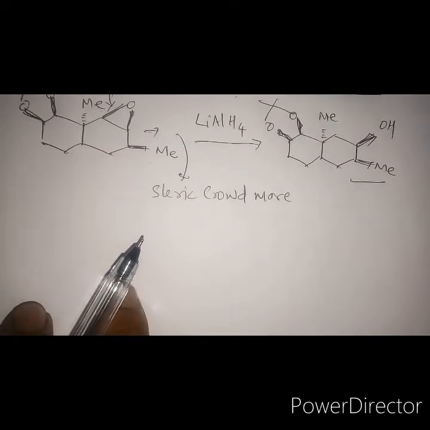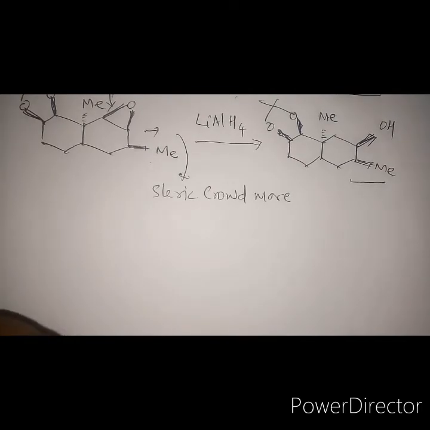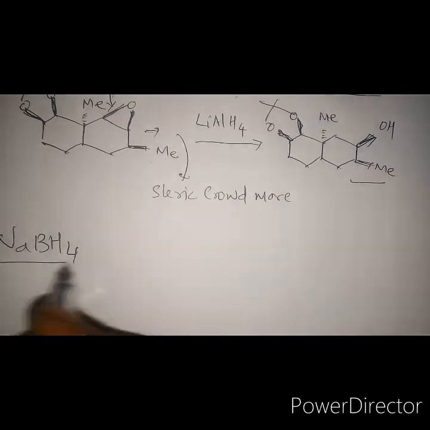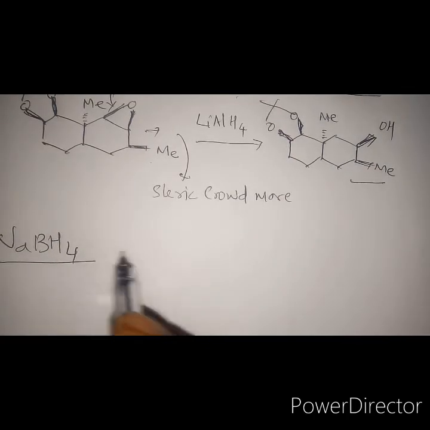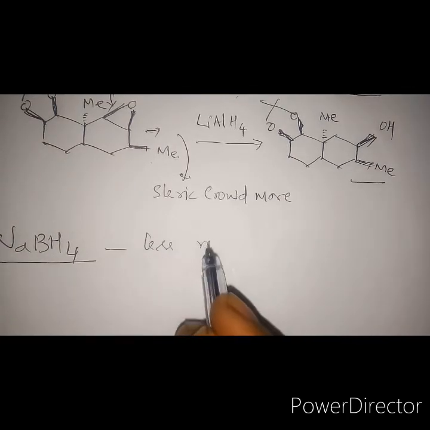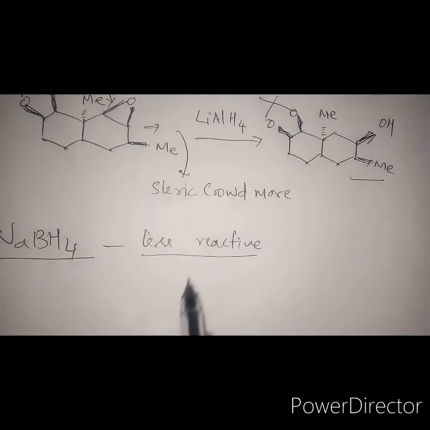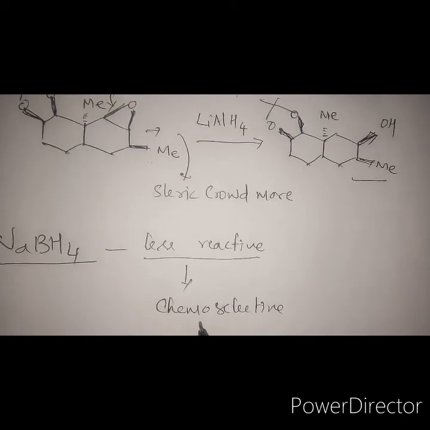Now another reducing agent that we have is sodium borohydride, and sodium borohydride is less reactive compared to lithium aluminum hydride. Because it is less reactive, it will be chemoselective. It will act as a chemoselective agent in the reduction reaction.